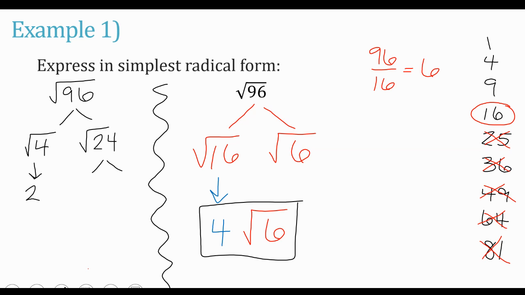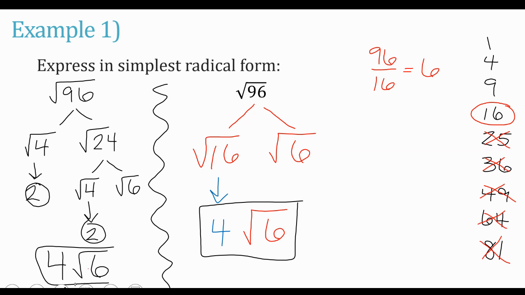So I recognize, okay, what's a perfect square that can go into 24? 4 can go into 24, and that's 4 times 6. So then you just simplify the 4 again. So the square root of 4 is 2. Make sure you're not putting a square root symbol under that. We do not want to do that because the whole point is to get this out of the radical, out of the square root symbol. Okay, so we have 2 and we have 2, and then we have the radical 6 over here. We can multiply these together where we get 4, and then you just bring down that radical 6.